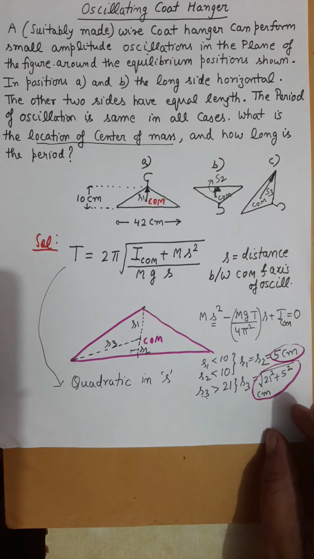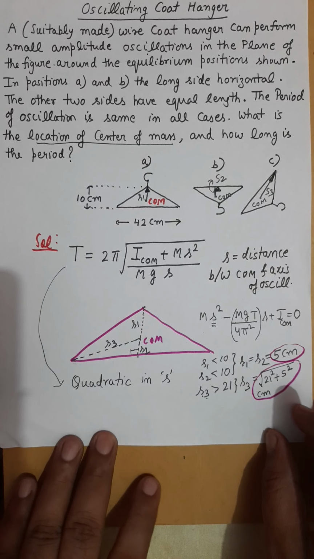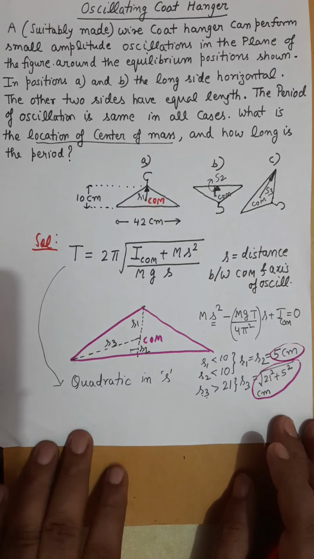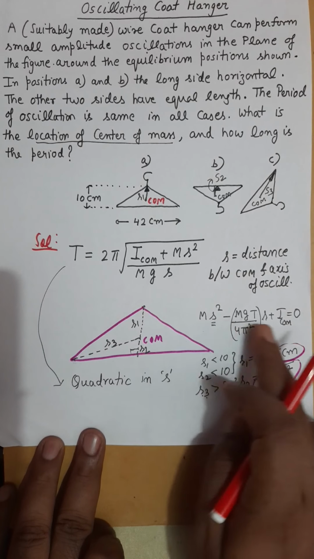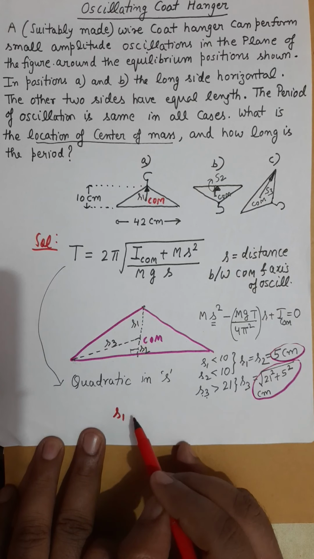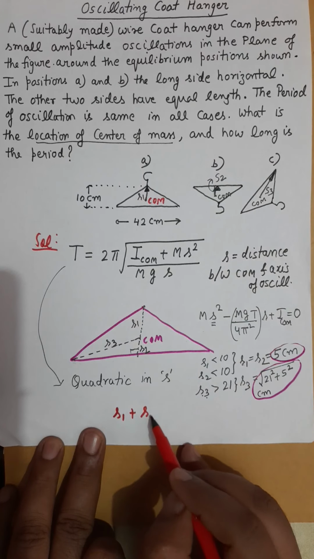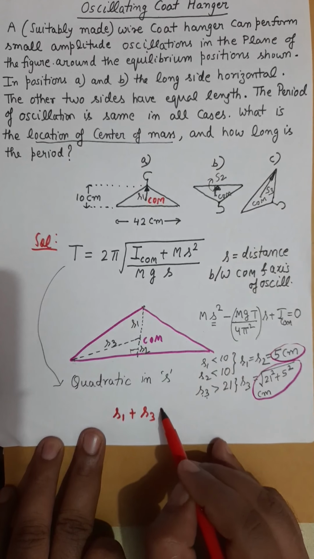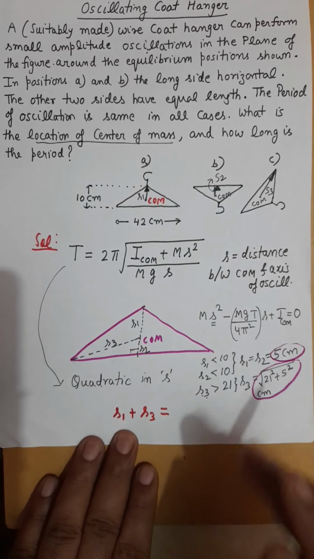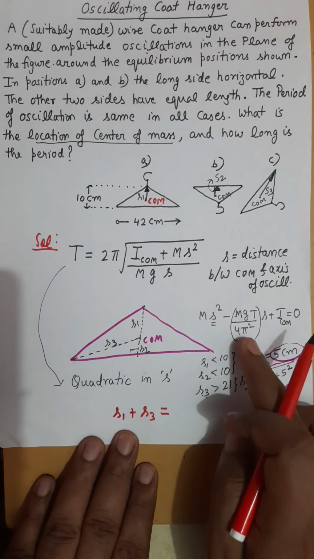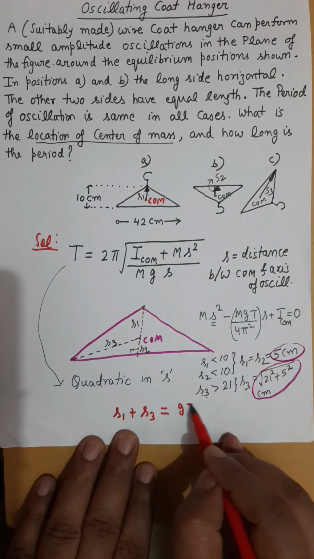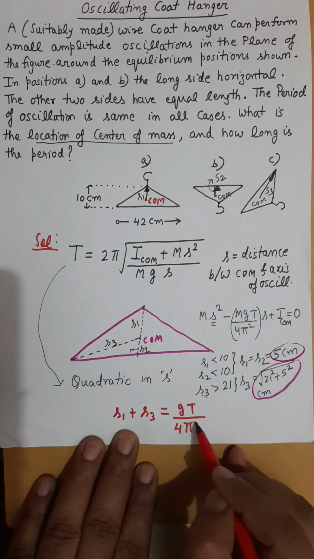So if you use the sum of roots property, then s1 or s2 plus s3, which are the roots of this equation, and the sum of roots of any quadratic equation is minus b by a, you get gT square over 4 pi square.